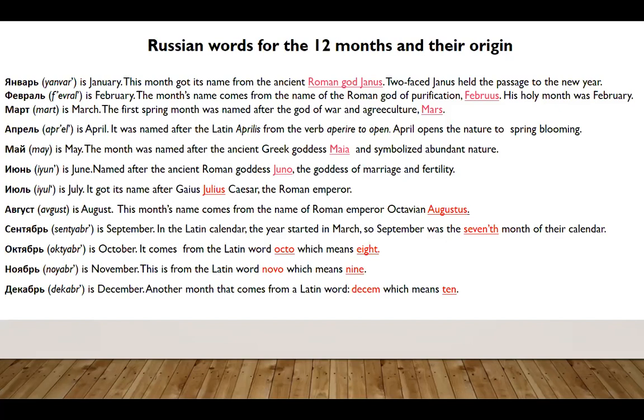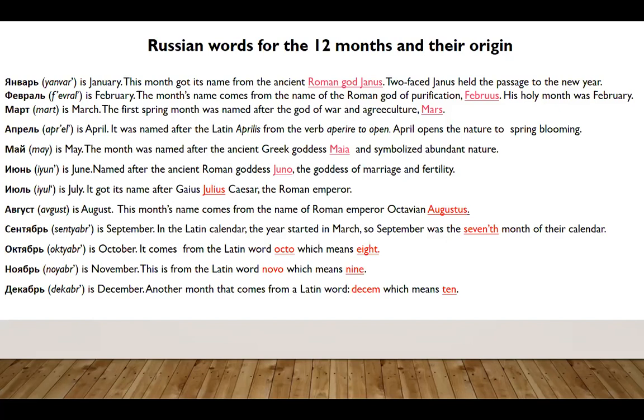So the next month is August. August is August in English, August in Russian. The name of this month comes from the name of another Roman emperor, Octavian Augustus. September, October, November, and December got their names not from Roman or Greek gods, but from the months of the Roman calendar.